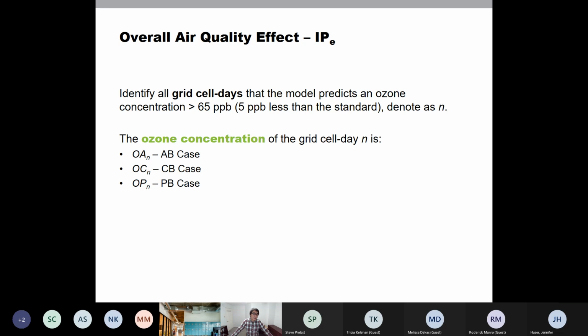But if that grid cell day does not meet this 65, we are not looking at it, because you will have a lot of lower numbers, like 40 ppb, 30 ppb on some good days, but we are only interested in the days that are possibly over the standard. And why do we trim?